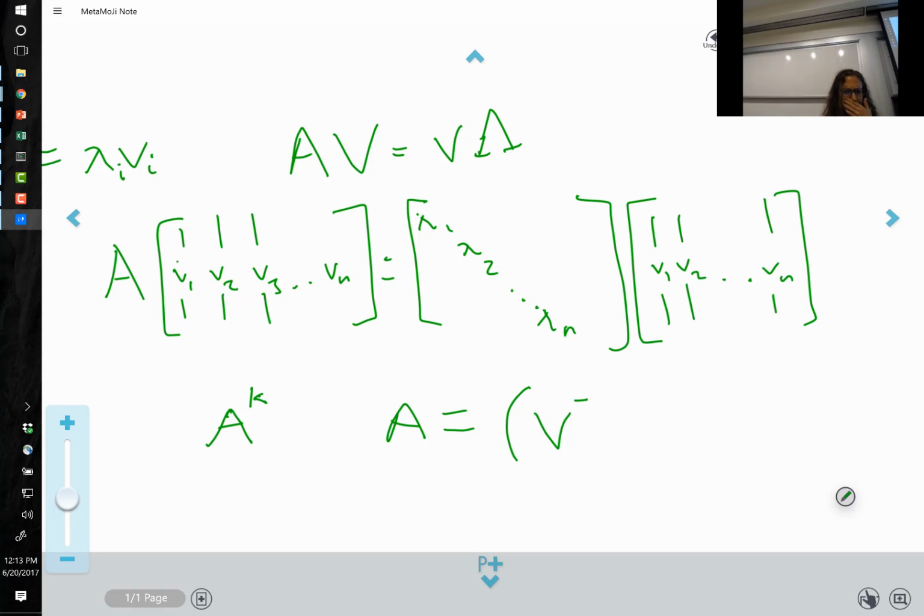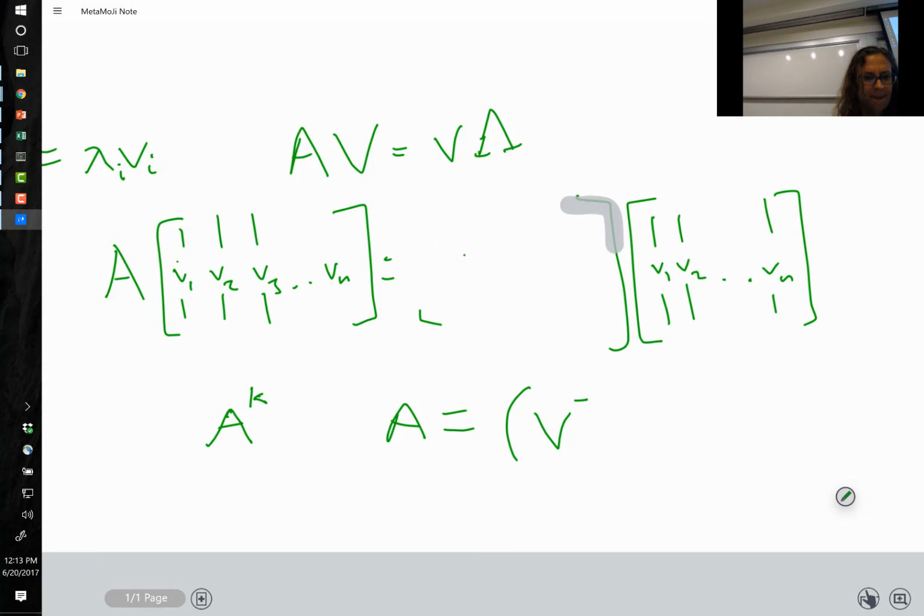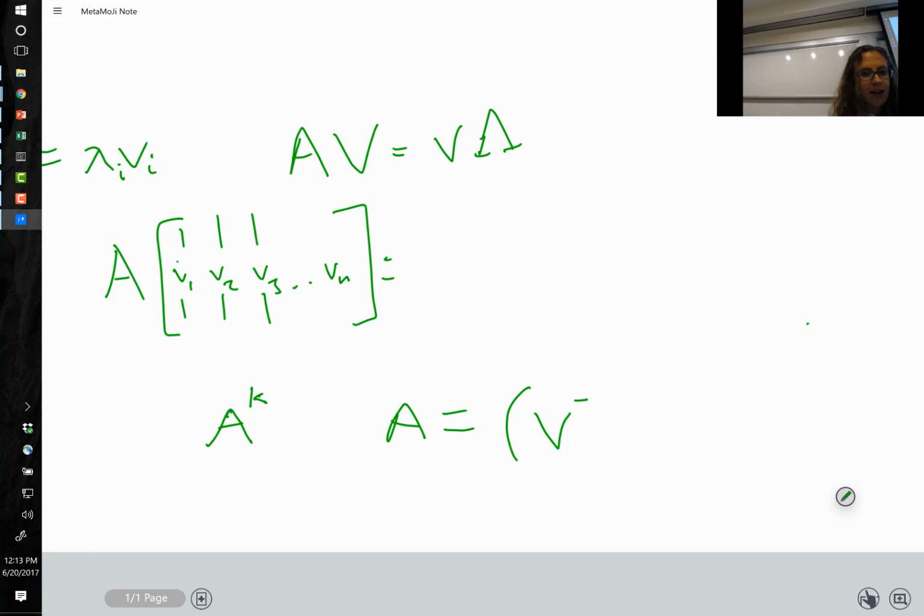The reason why that's true is because we want to be taking multiples of the columns V on this side.